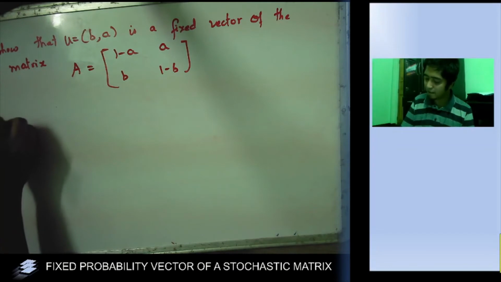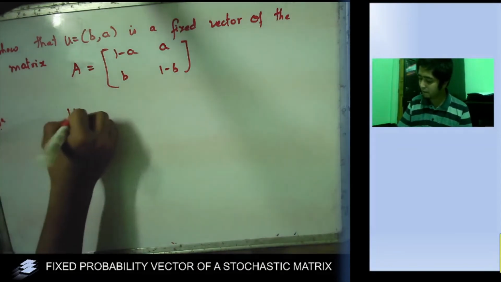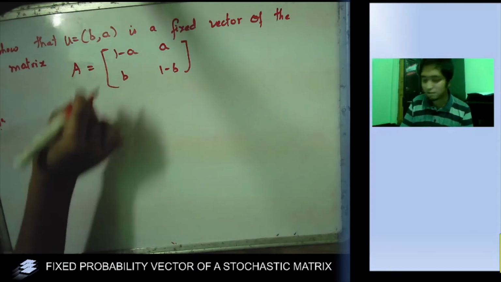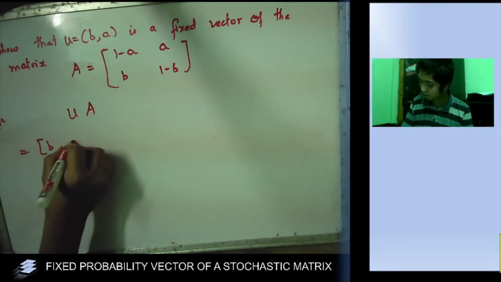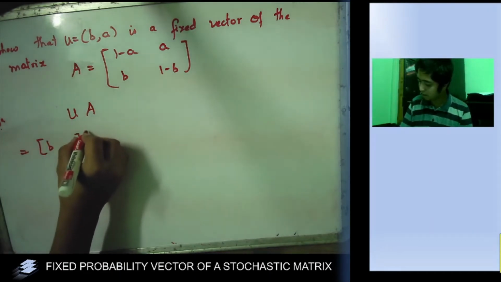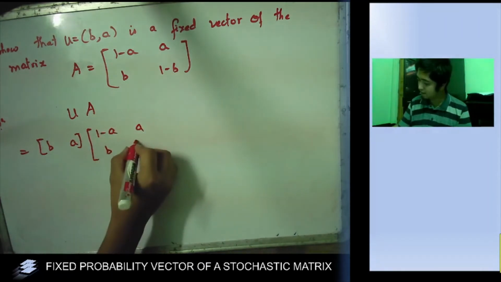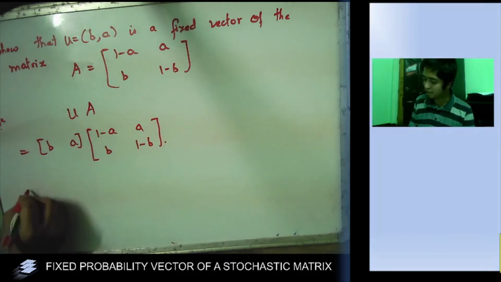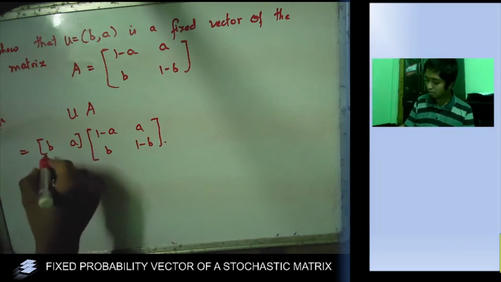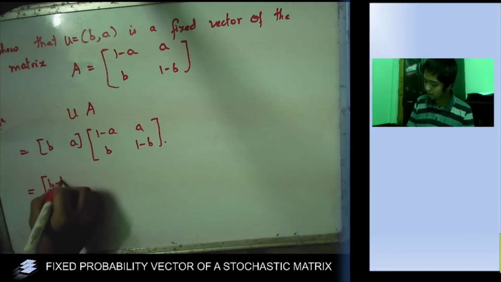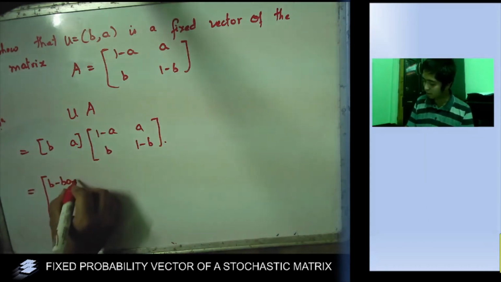Solution. Let us find UA. Since we are writing it from the left hand side, U will be a row, so we will be having (b, a) multiplied with the matrix. Let us find out how much we are getting. Multiplying this row with the first column, you will get b minus ba plus ab.